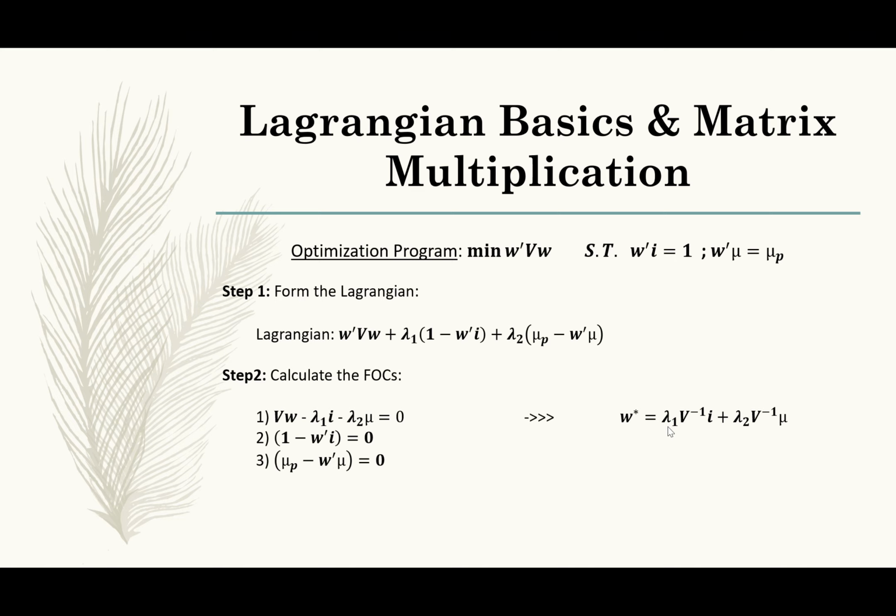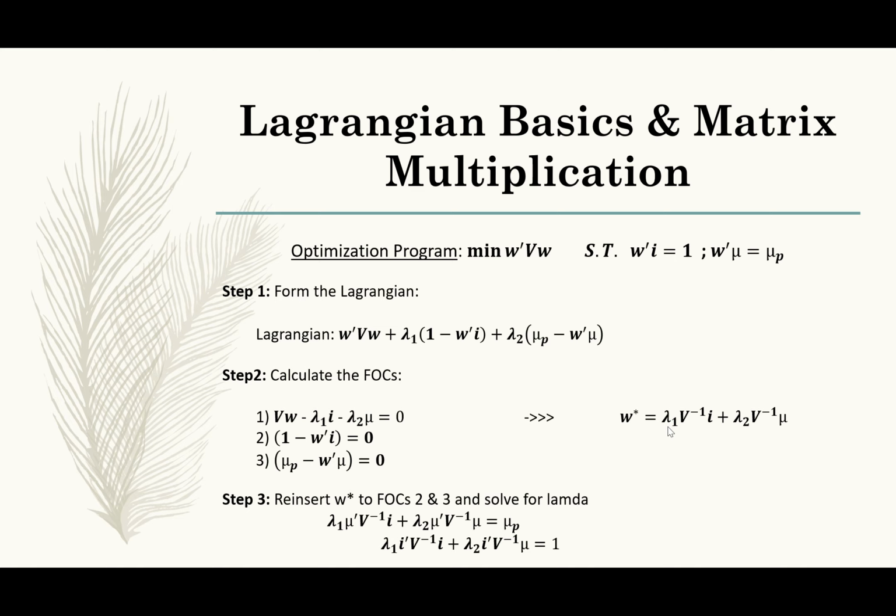And we notice that there's only two unknowns now, lambda 1 and lambda 2, because we know the inverse of the covariance matrix, we know the vector of ones, which is represented by I, and we know the estimated return from the portfolio, which is our mu variable. So we can now reinsert W star into the second and third first order conditions to solve for lambda.